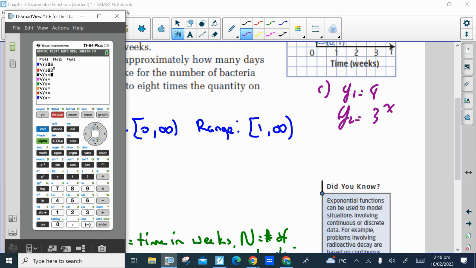I'm going to have to change my y maximum here to at least 8. So maybe we'll use 10. And we'll set our scale back to 1 on the y-axis. And find the point of intersection. Second function trace, number 5 for intersect. Enter, enter, enter.